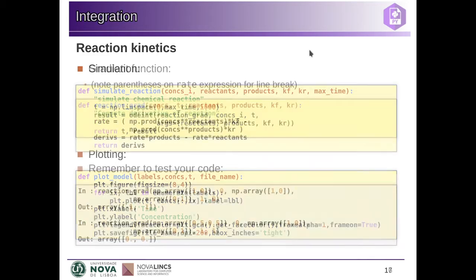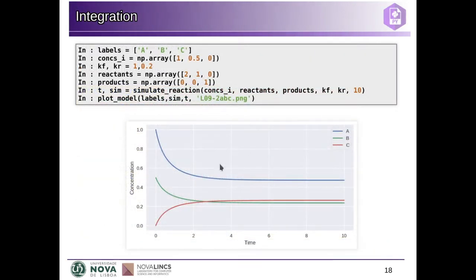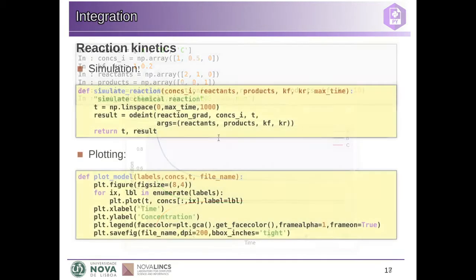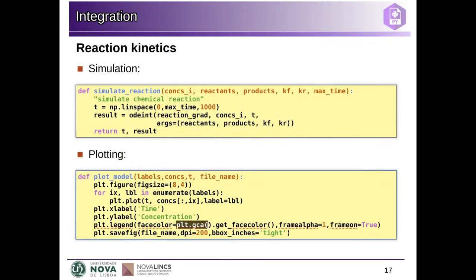So the face color of the axis is this background color in this place. So from plot, I get the current axis, get its face color, and set the same color there.